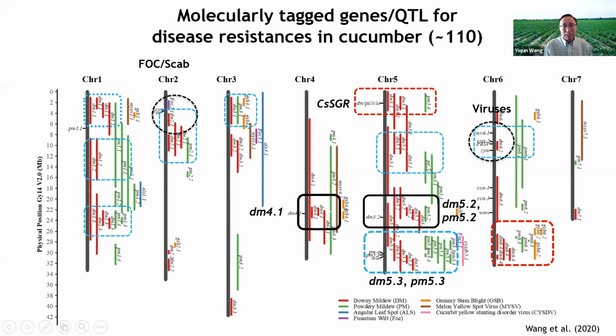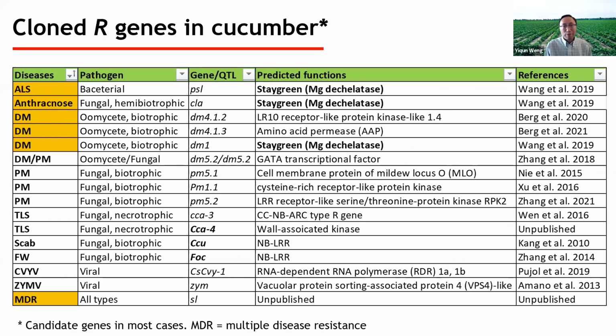Also, you can see that most genes for these resistances are located on chromosome 5 and also chromosome 6. These are interesting; I don't know, but it may relate to the evolutionary history of the chromosomes.